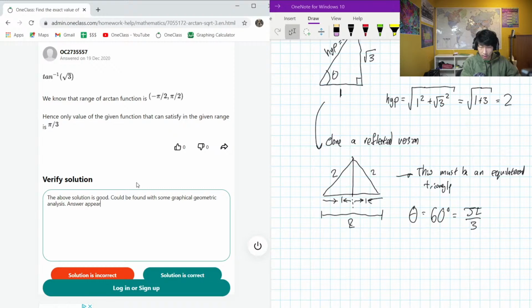The answer appears to come from direct mathematical evaluation.